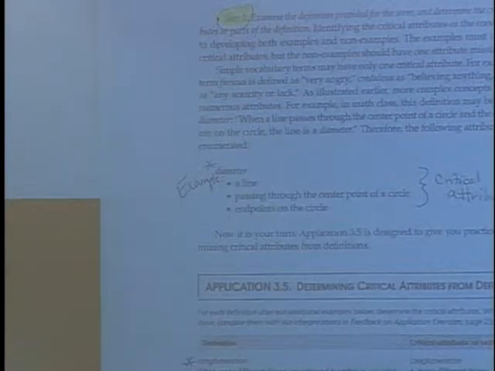So let me introduce it a little bit here first. Okay, let me go back to 72 and show you one more thing before I move on. Let's take a look at how Archer and Hughes determine the critical attributes of definitions by examining the examples that they've actually provided for us here on page 72.